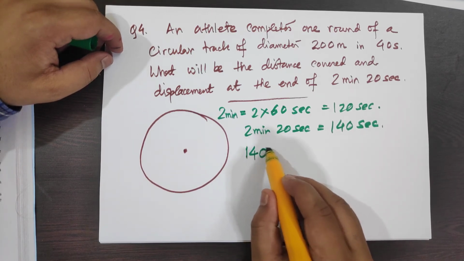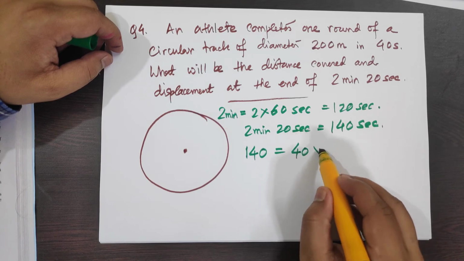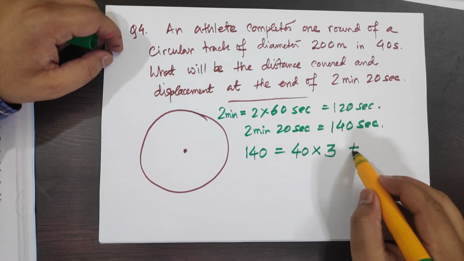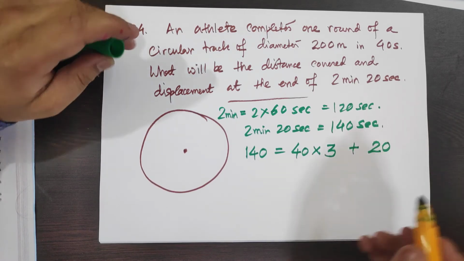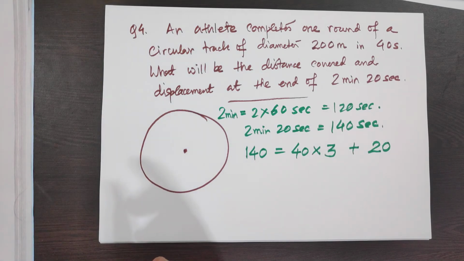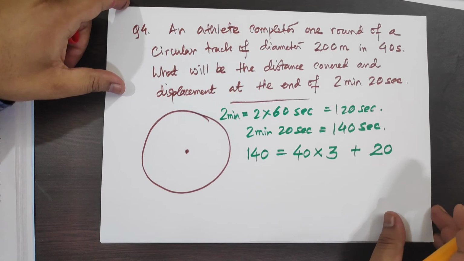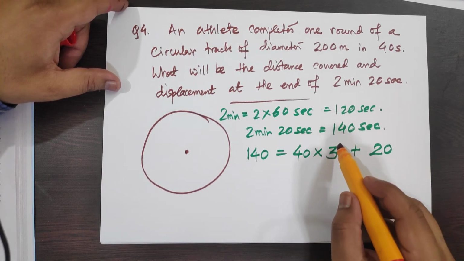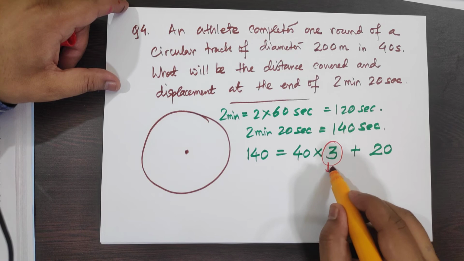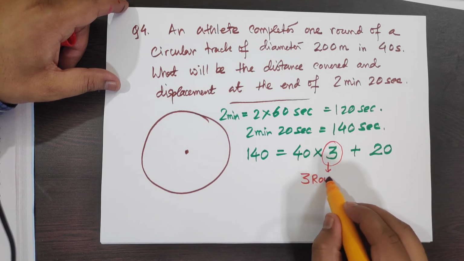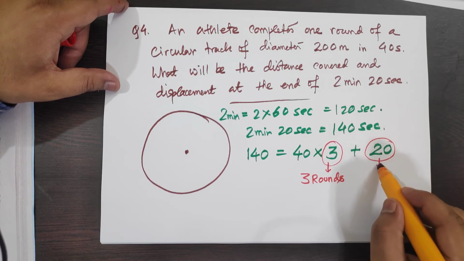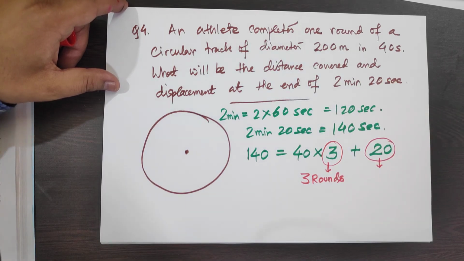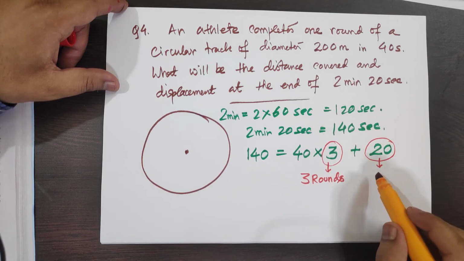I can write 140 equal to 40 multiplied by 3 plus 20. So here it makes 3 full rounds, and 20 means half round. For one round it takes 40 seconds, one revolution.